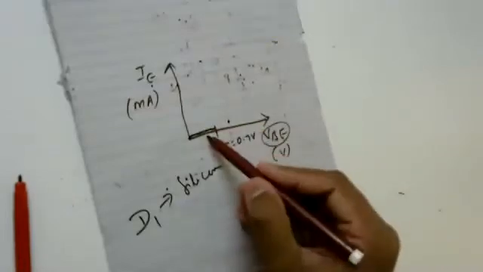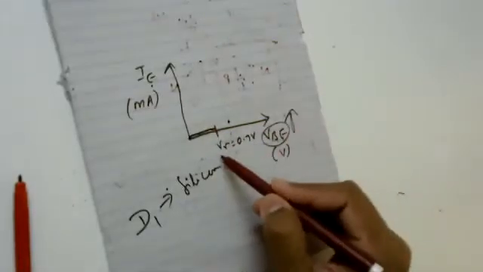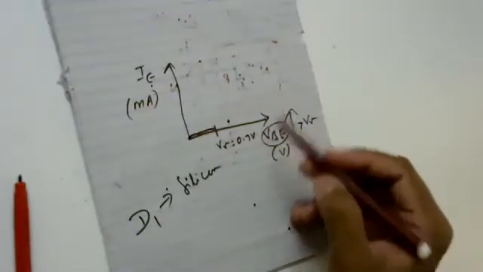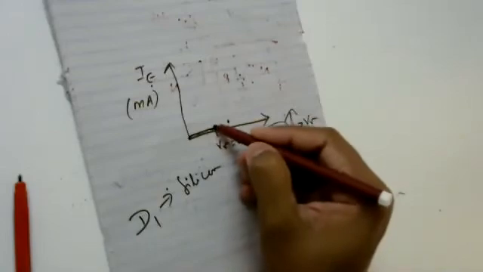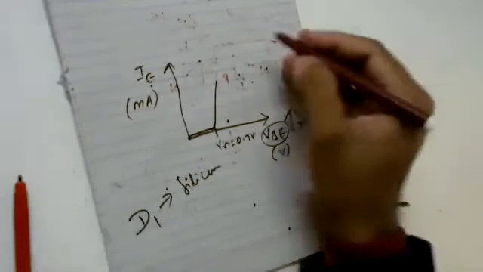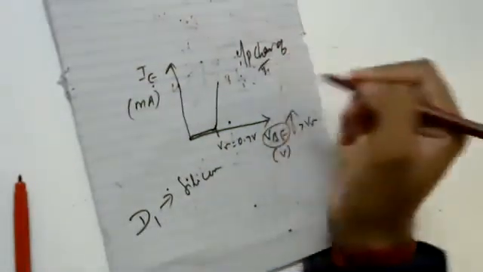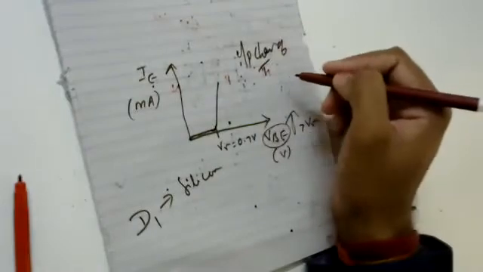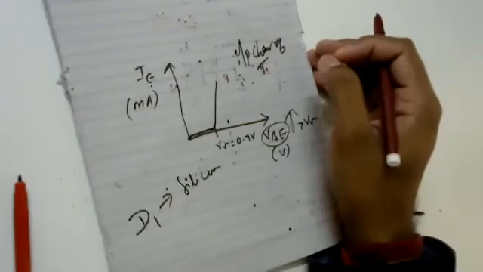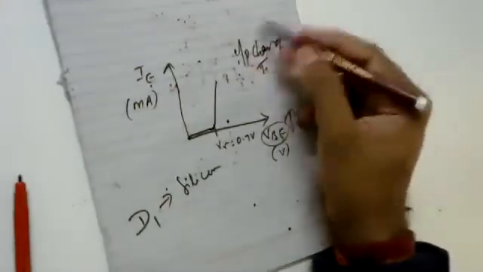The moment this applied voltage VBE exceeds V gamma, the current is going to rise exponentially. So this is the input characteristics of your transistor operating in common base configuration.